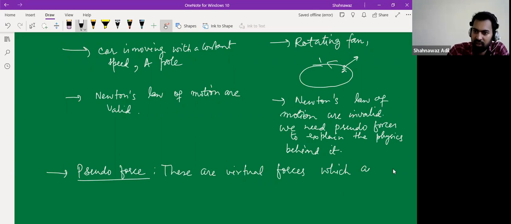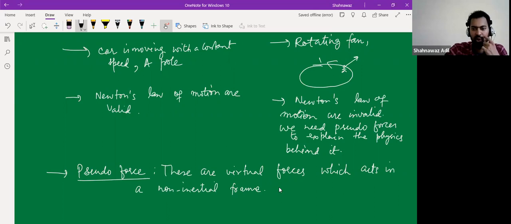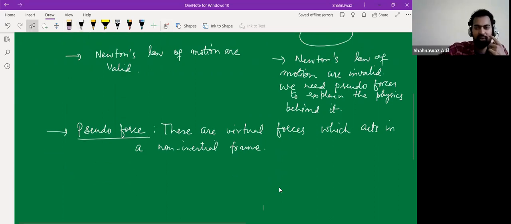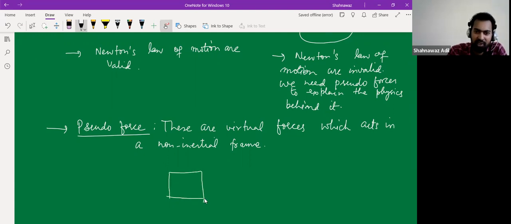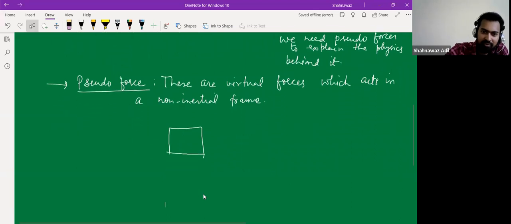which act in a non-inertial frame. So one example, as I've already told you, is the merry-go-round. And the other example could be when you are in a lift. So the most common example, when you are in a lift, and somebody is watching you from the stairs or from the ground.